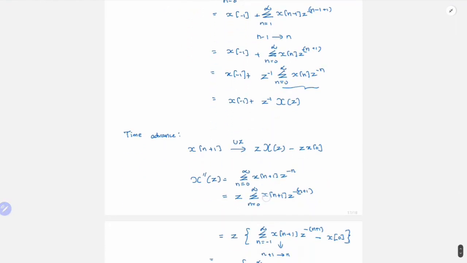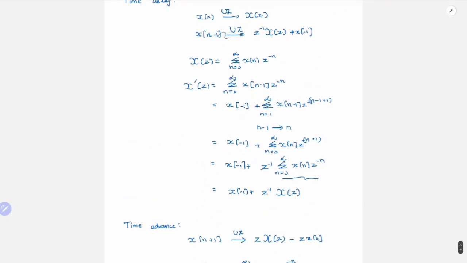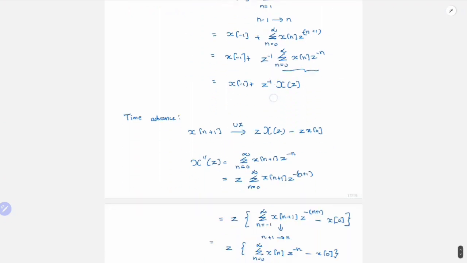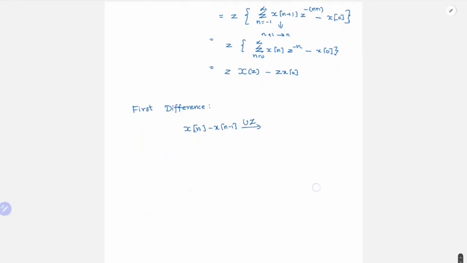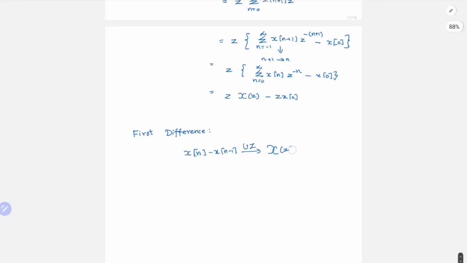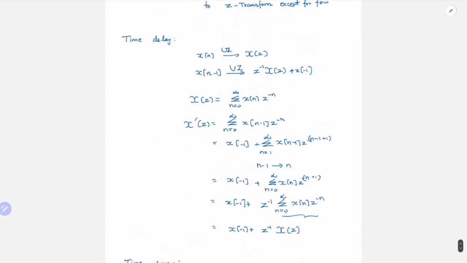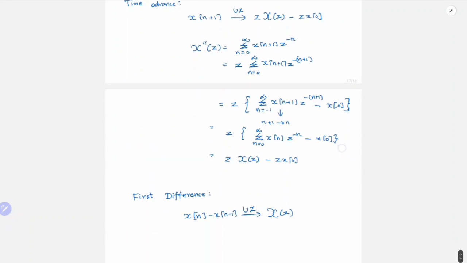Similarly, we can extend this to any n naught. And because my x of n minus 1 has this form, if I take my first difference property, which is denoted by x of n minus x of n minus 1, my unilateral z transform will be x of z for x of n, and for x of n minus 1 it is z inverse x of z plus x of minus 1.